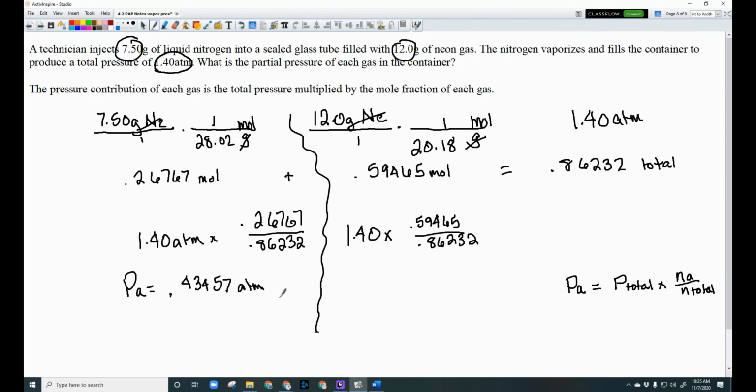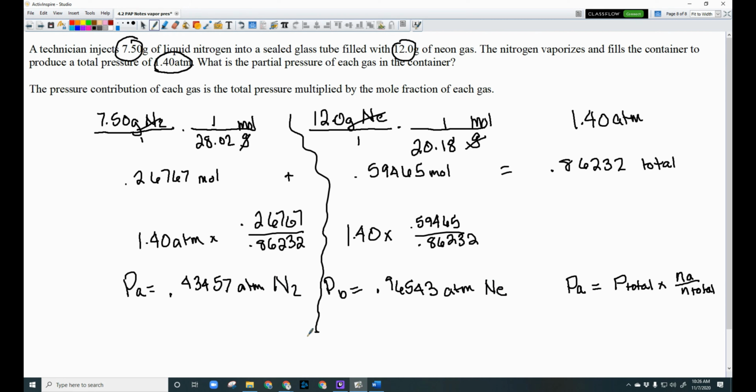And then the same thing with the neon gas, 0.59465 divided by 0.86232 times 1.4. That's going to give us 0.96543 atmospheres. So that's PB. Okay? So this is the pressure of the nitrogen gas. This is the pressure of the neon gas.